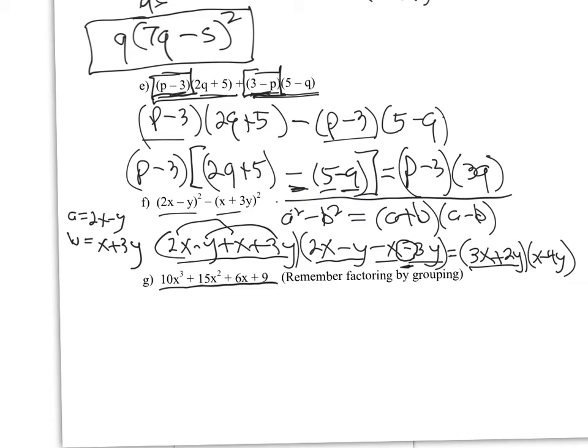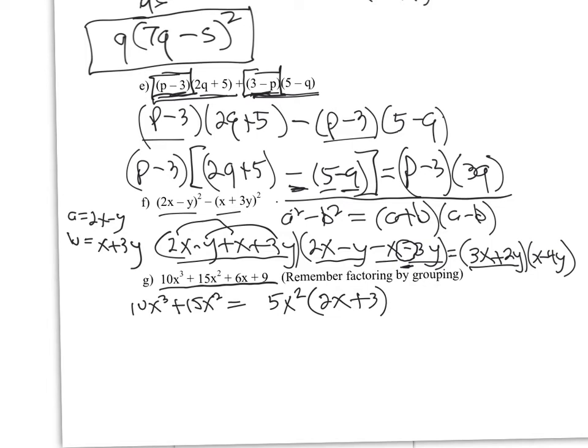Okay, so now let's take a look at the next one, and we have 4 terms here. And what we said we would do in that situation is look to see whether factoring by grouping can help. So let's take the first two and think about what's the largest common factor for these two. Well, we could say this is equal to 5x squared times what's left here would be 2x plus 3.